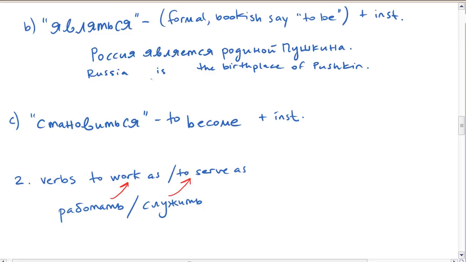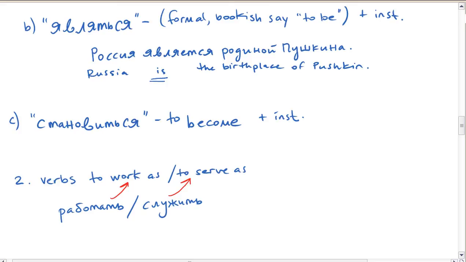So a long word to just say is. And because we don't use the verb to be very often in the present tense, you don't really come across it, this is a way to have that verb to be in a present construction.